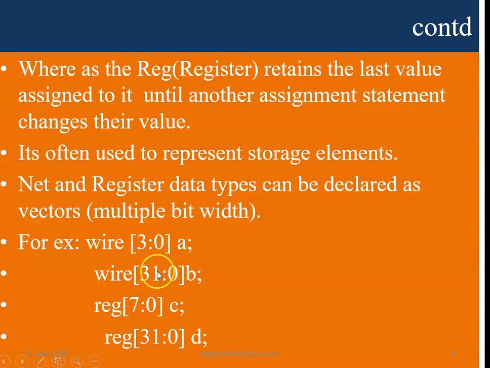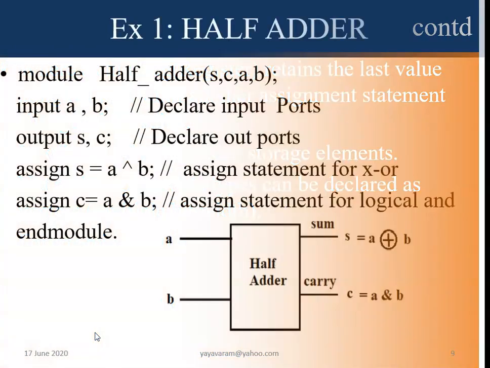If I write 31 down 0, it means it has 32 bits. That is, B is a 32-bit vector of the type wire. C is a register of 8 bits. Similarly, D is also a 32-bit reg, which means register, which stores some value.